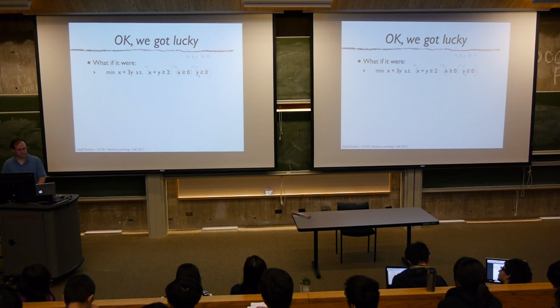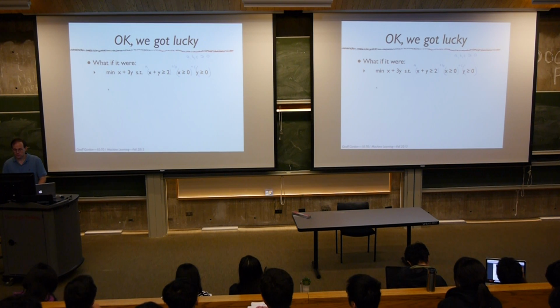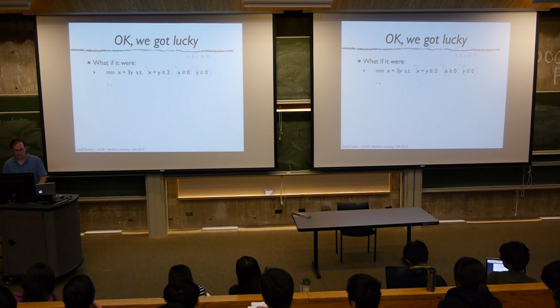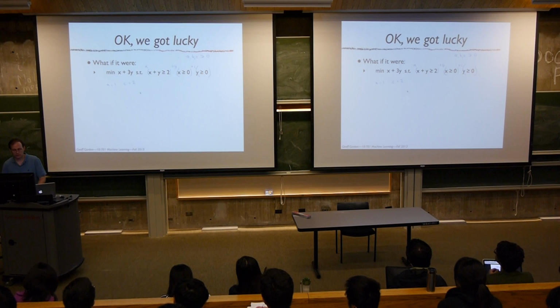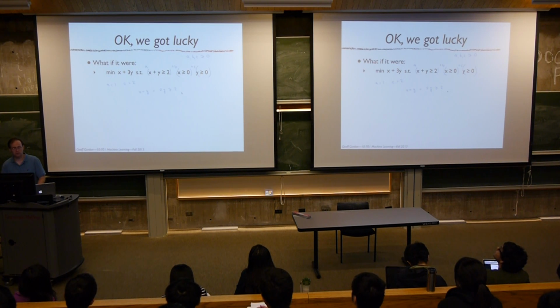So let's do that. Let's take A equal 1 and C equal 2. So we get x plus y plus 2y on the left-hand side, which is greater than or equal to 2 plus twice 0, which is 0.